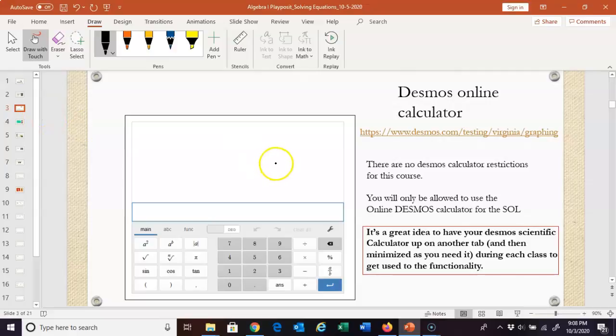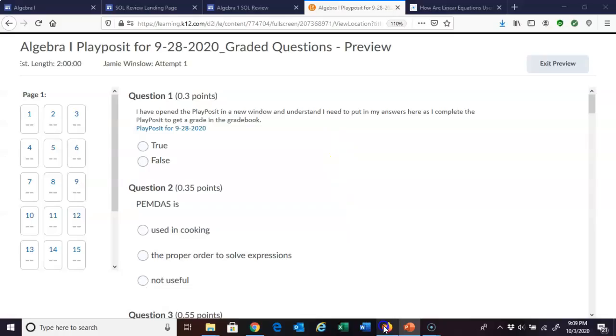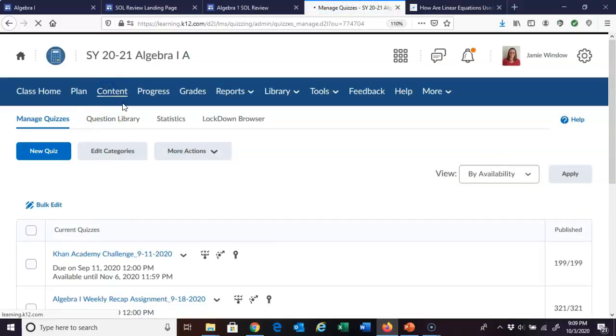Just a quick reminder, don't forget about that Desmos calculator. Hopefully you guys have all bookmarked this link by now. And I can't give you the link in this Play Pause It for you to click, but remember, it is also in your OMHS. I'll show you. If we go back to content, content is where you can find everything in your algebra class.